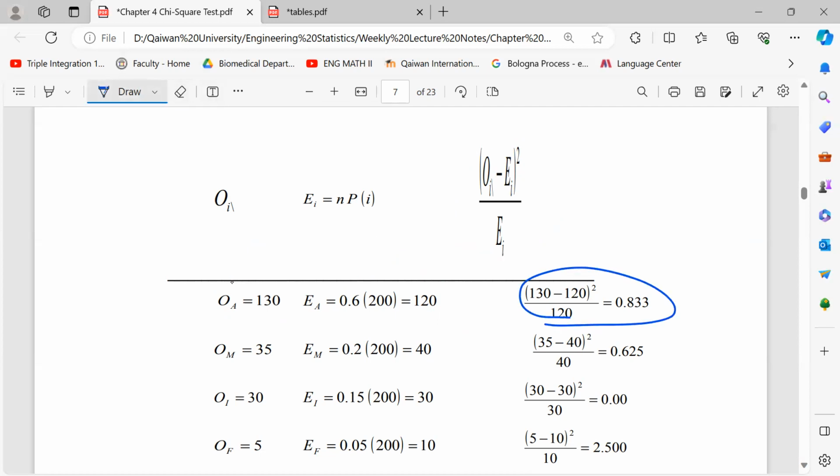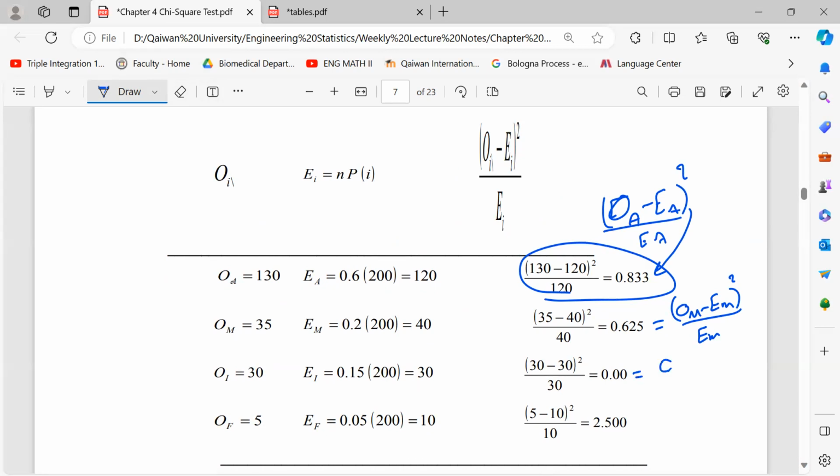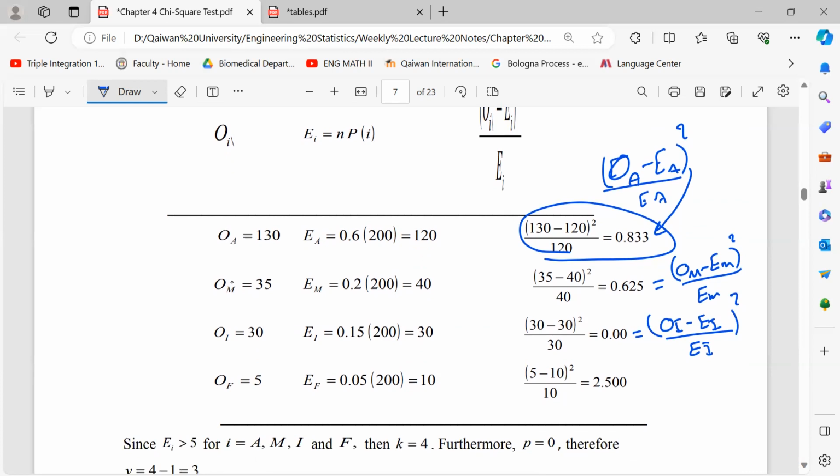This is OA minus EA, squared, over EA. And this one is OM minus EM, squared, divided by EM. And this one is OI minus EI, squared, divided by EI. Only the numerator is squared.